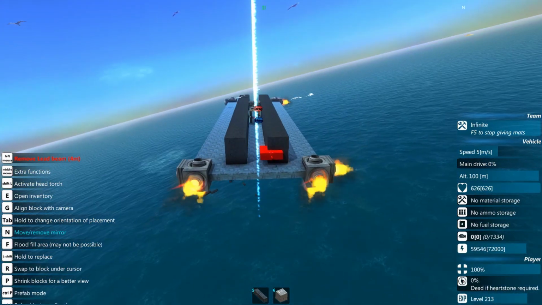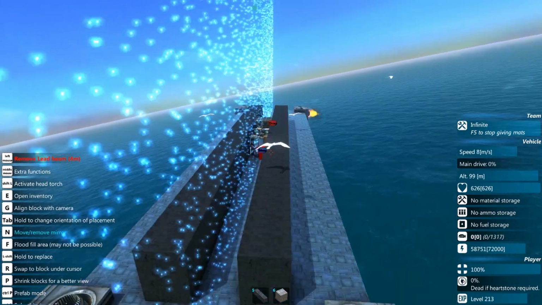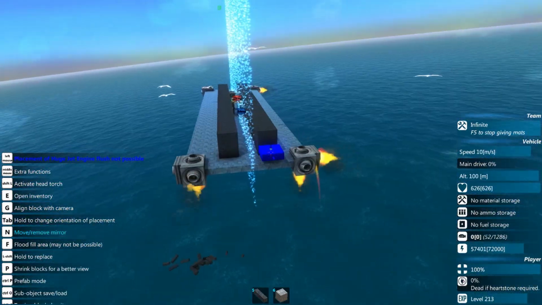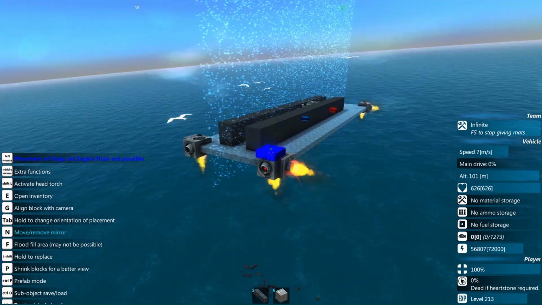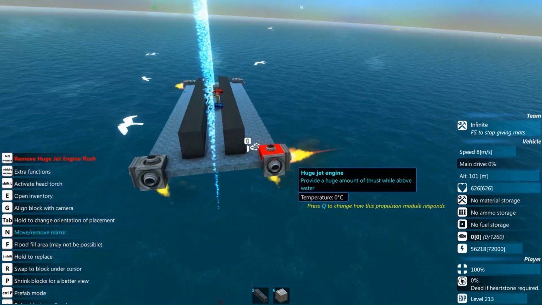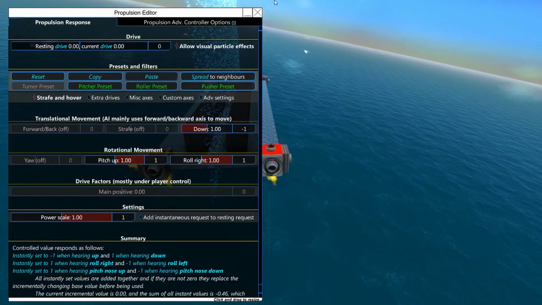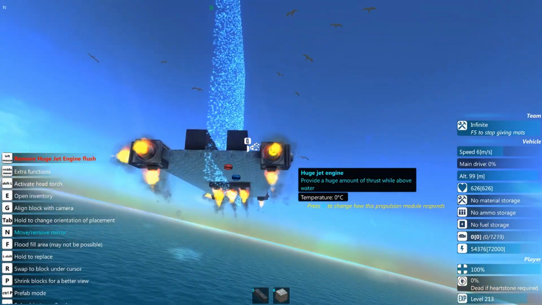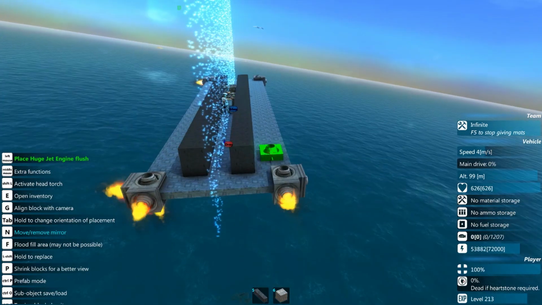Another important thing to note, the further away from the center of mass your thrusters are, the more control authority they exert. So in the pitch direction, we have these thrusters up here in the front and back. These are exerting a lot more control authority per thruster than the ones in the roll direction.